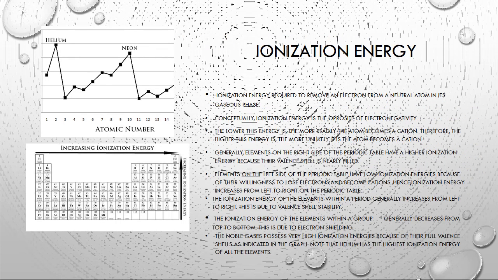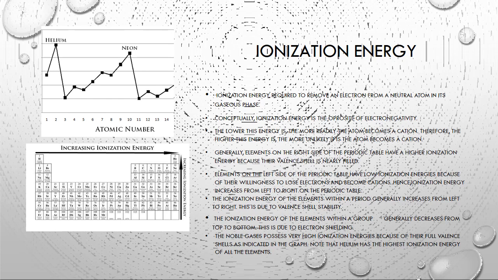Ionization energy. This is the energy required to remove an electron from a neutral atom in its gaseous phase. Conceptually, ionization energy is the opposite of electronegativity. The lower the energy, the more readily the electron becomes a cation.